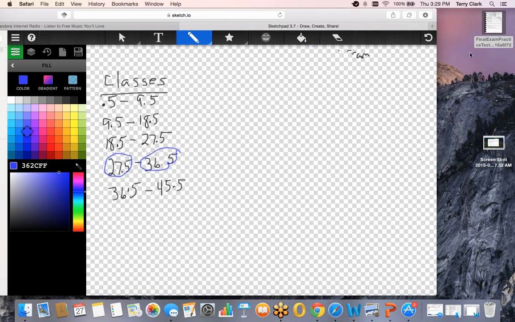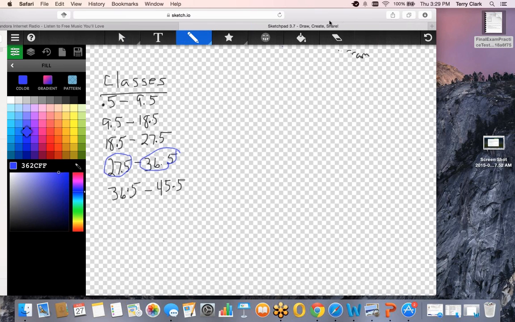If we subtract those two, 36.5 minus 27.5, that's going to equal 9 as well.